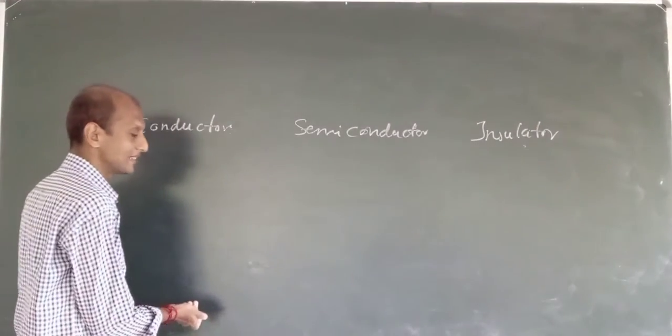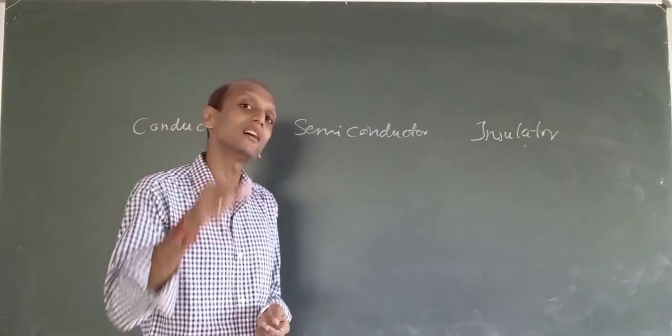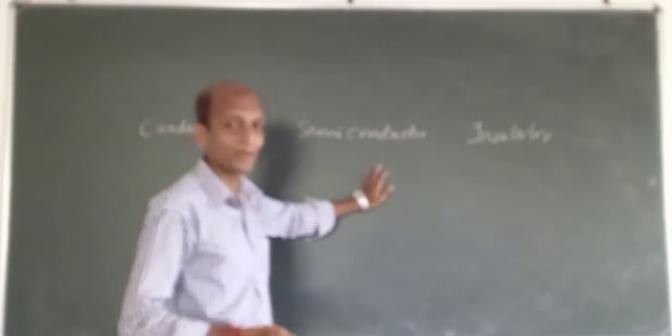Now we will see how many electrons will be on the outermost orbit for a conductor, semiconductor and insulator.